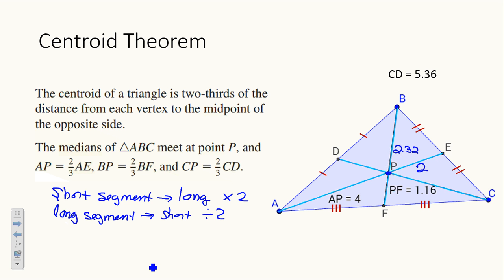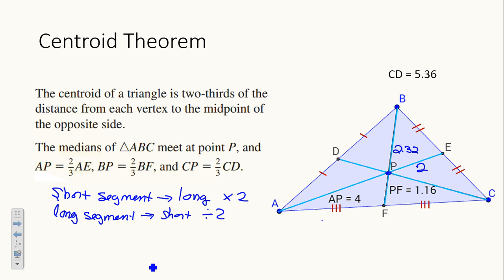Okay. Now let's think about the whole segment, the whole median. What's the length of the median AE? 6. So if I wanted to get from the whole median to the short one, what would I have to do? 6 minus what equals 2? Would be minus 4.